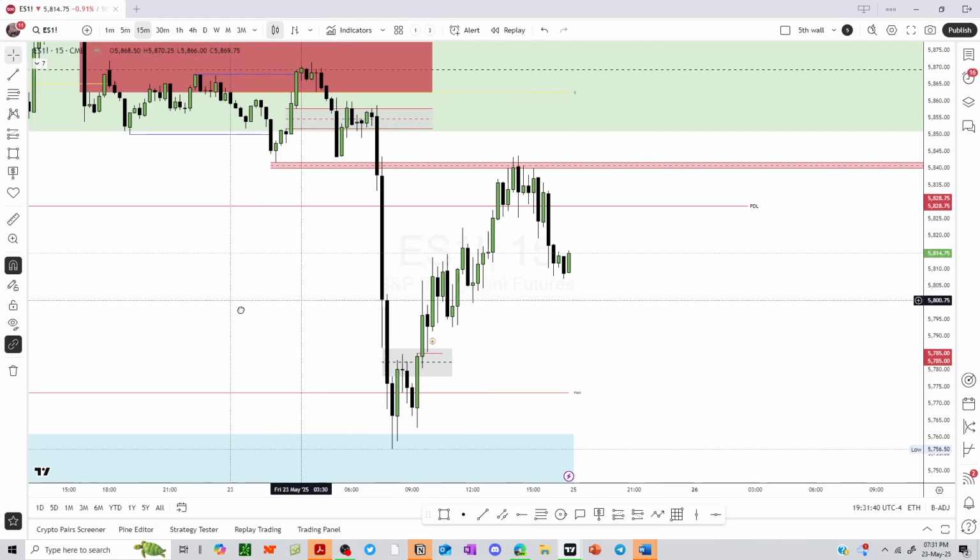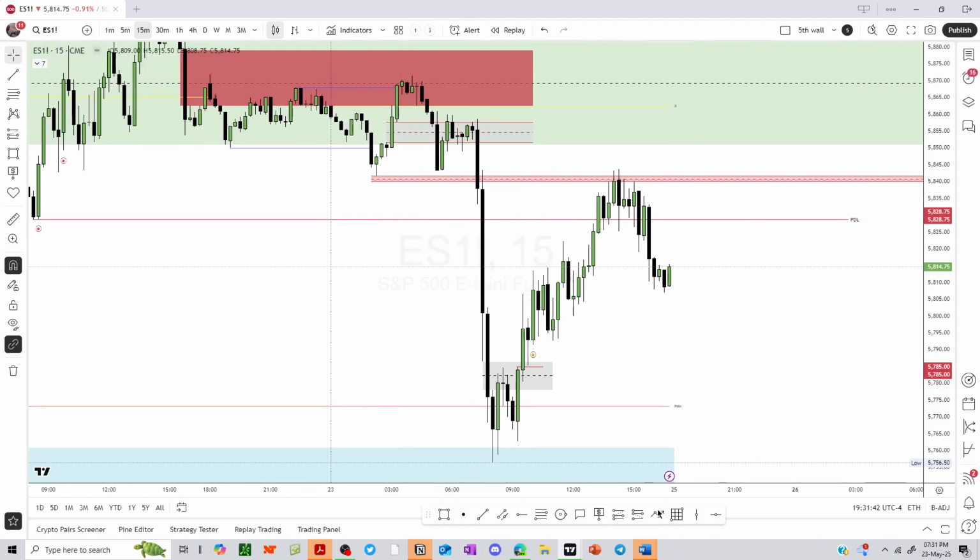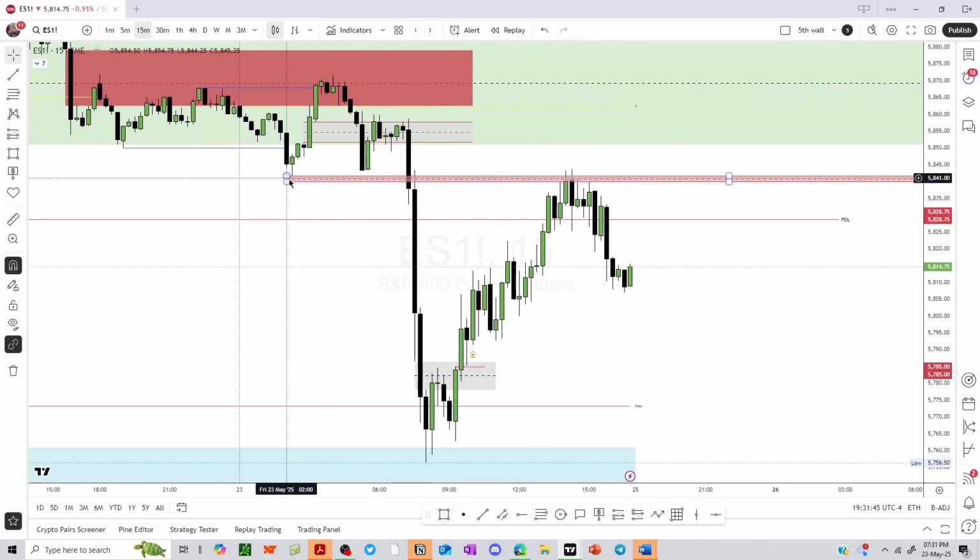Based on this current time frame, 15-minute, 4 hours is a high time frame chart. And then we have this 15-minute fair value gap here.